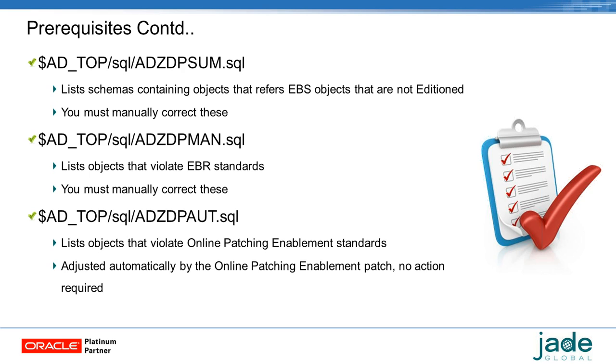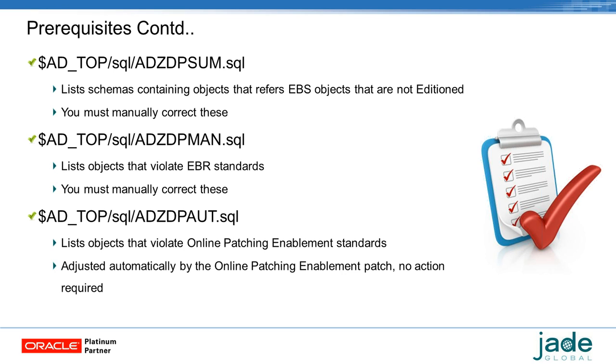As you move to database version 11g, you need to have every object which is editionable be editioned. And if there are violations in the results of this SQL, you have to manually correct these to ensure that you are enforcing the EBR standards on your custom code.